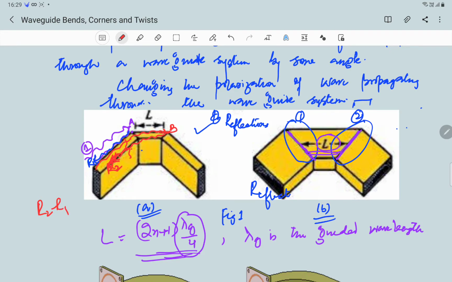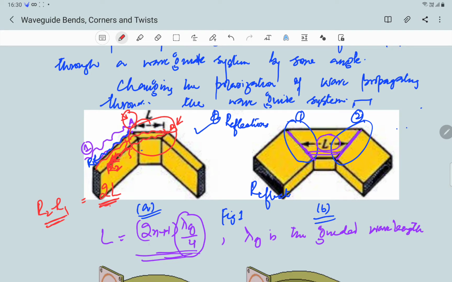As we can see from this figure, the red color wave has to travel an extra distance of L in the forward path and L in the backward path. So it has to cover an extra length of 2L as compared to the wave which got reflected at point A. In a nutshell, the wave which gets reflected at point B has to traverse a distance 2L more than the wave that gets reflected at point A. Therefore, the path difference between the two waves is 2L.